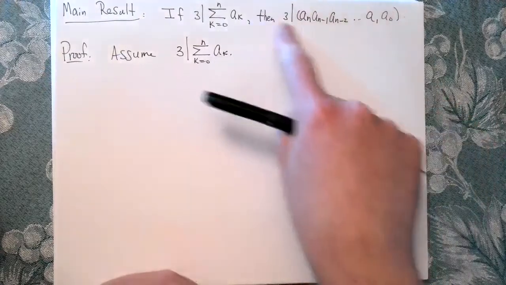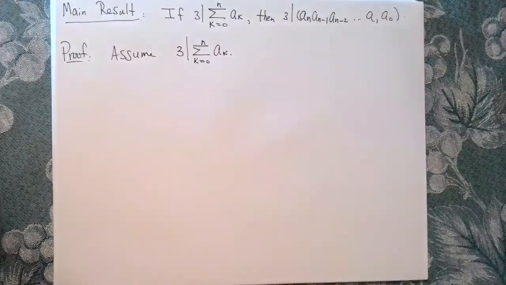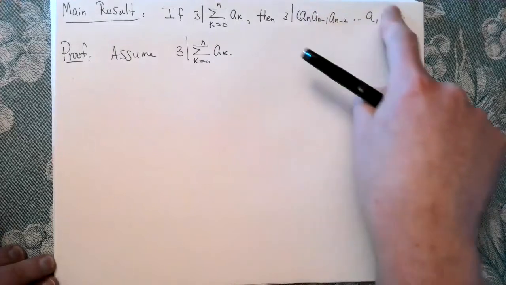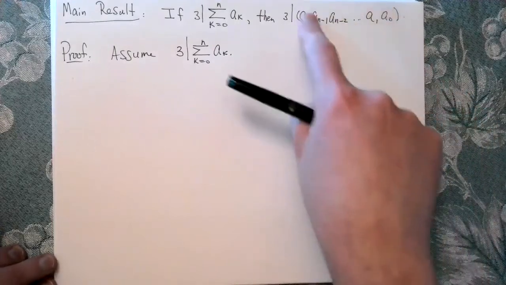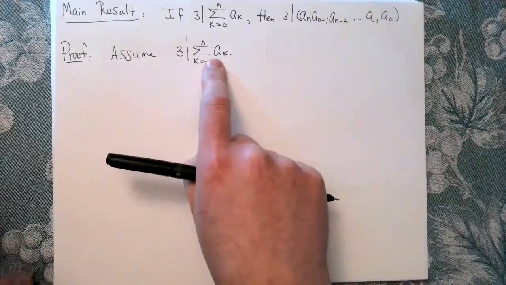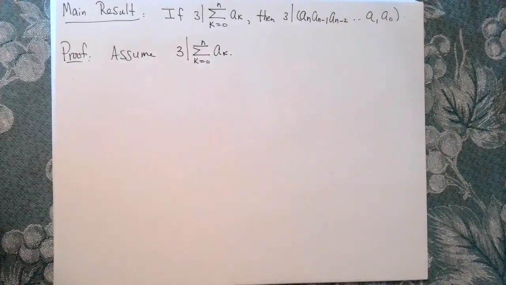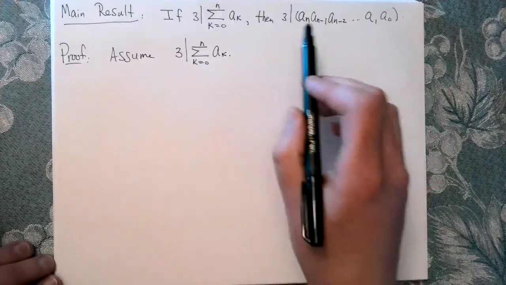We want to show this. This is our goal. Keep in mind, place value is the key. So let's write this out here. We'll work with this, expect to use this and maybe our lemma from before, and hopefully we can show that this is divisible by 3.